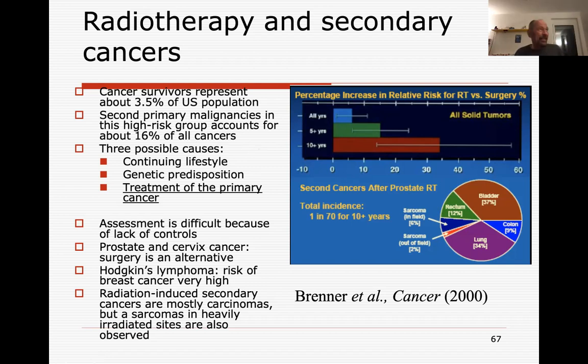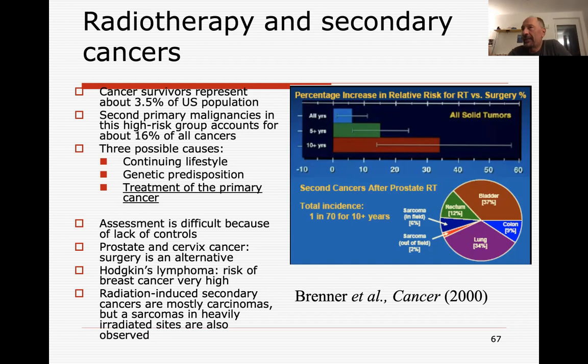So 16% of the cancers are second primary malignancies in previously cured patients. Cured normally means that you have 5 years without cancers. There are generally 3 causes for this very high incidence of the cancers. 16% corresponds to only 3.5%.